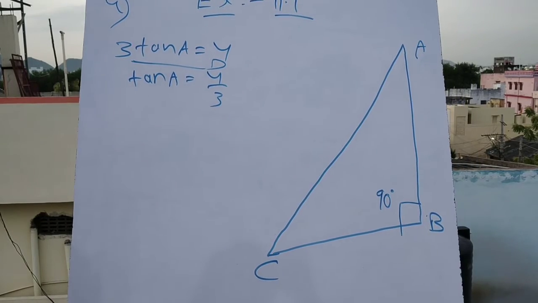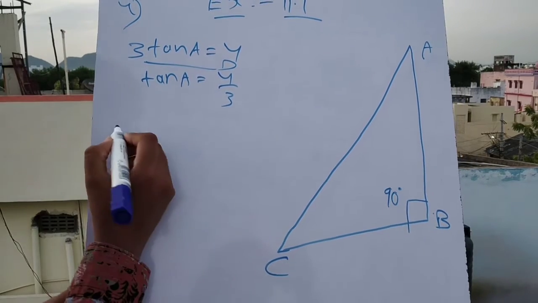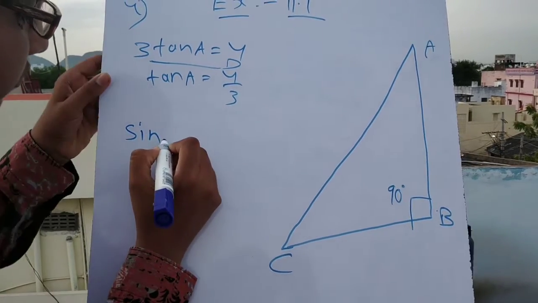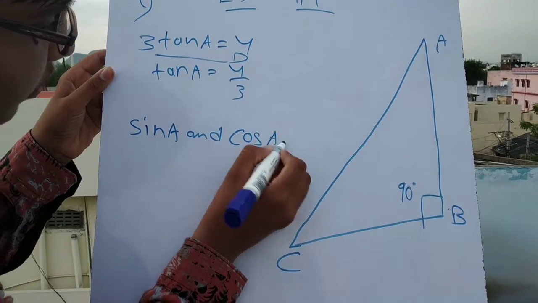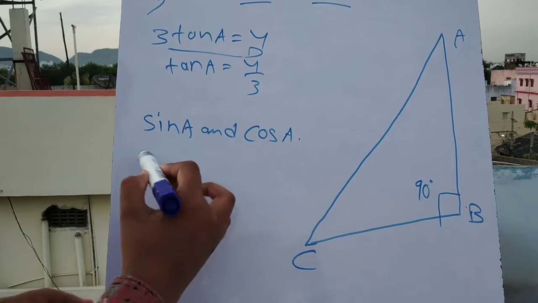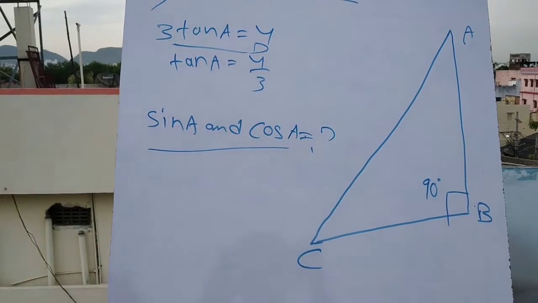Tan A is equal to 4 by 3, and he asked to find out sin A and cos A.